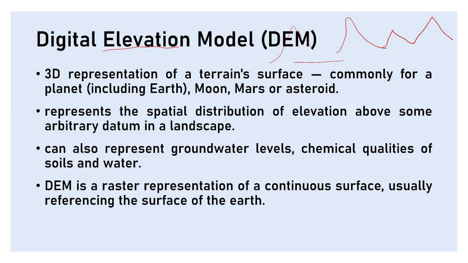Another thing we have already discussed is that DEM is a raster representation of a continuous surface. We know that we have raster data and vector data. DEM is a raster representation of a continuous surface, usually referencing the surface of the earth.